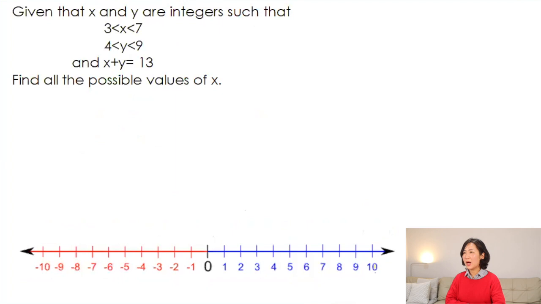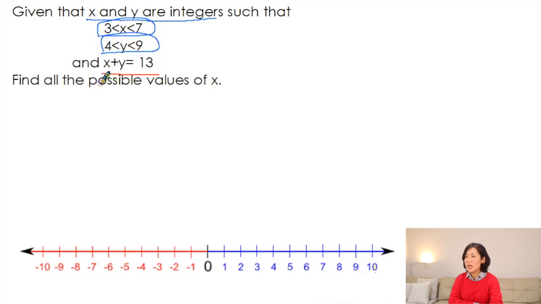Okay, now this is our last question. Let's have a look. Given that x and y are integers such that x is greater than 3 and less than 7, and y is greater than 4 and less than 9, then we know the relationship between x and y: x plus y is certain.